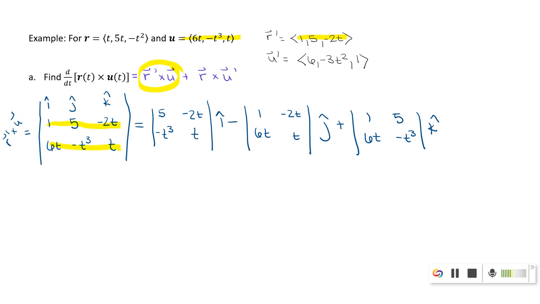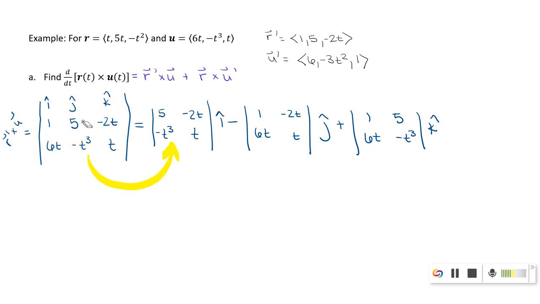And now I'm ready to compute r prime cross u. So I cover up the i, take the remaining expressions, and put them in a little determinant next to the i hat. So 5, negative t to the third, negative 2t, t.